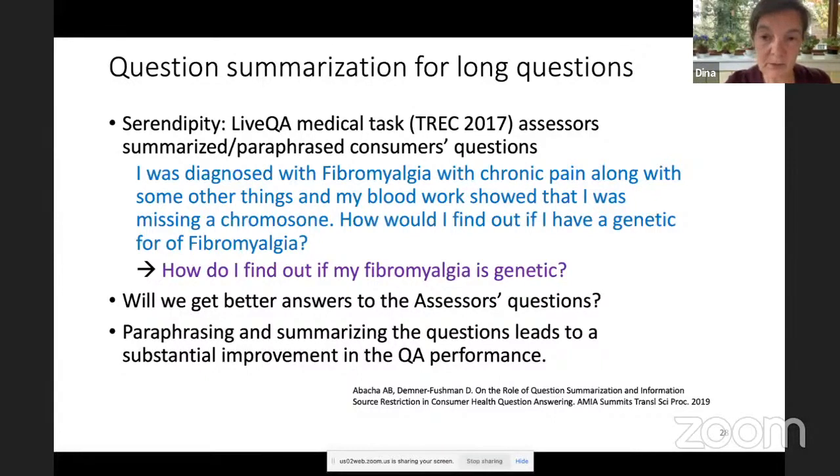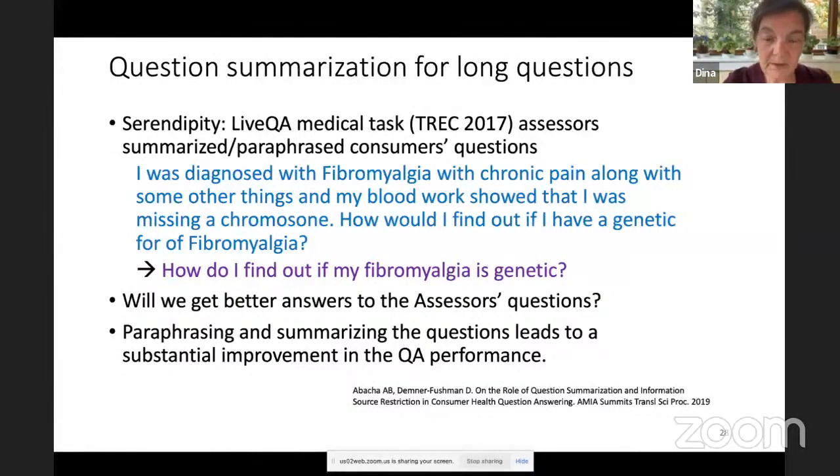And we provided the gold standard answers so that they can compare the answers given by the systems to the gold standard. But in addition to that, because they wanted to be sure that they understand the question, they actually summarized and paraphrased the original patient's questions. So you can see here that they took that long question and converted it to, how do I find out if my fibromyalgia is genetic?